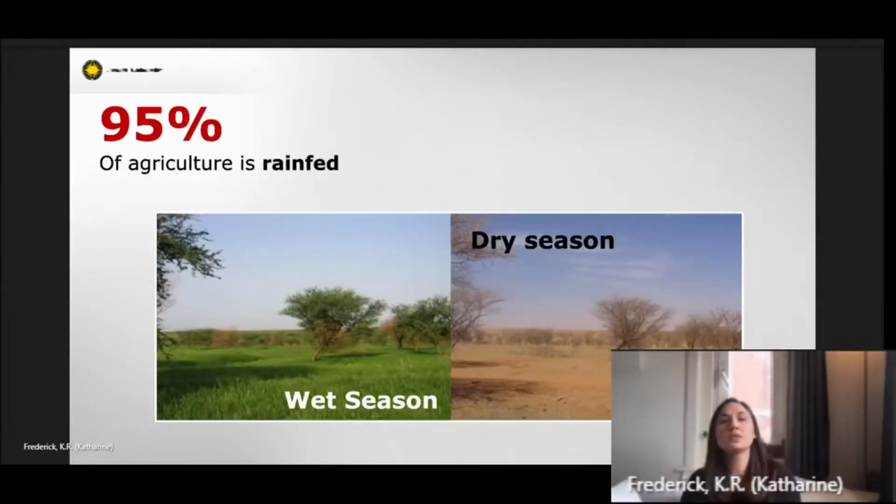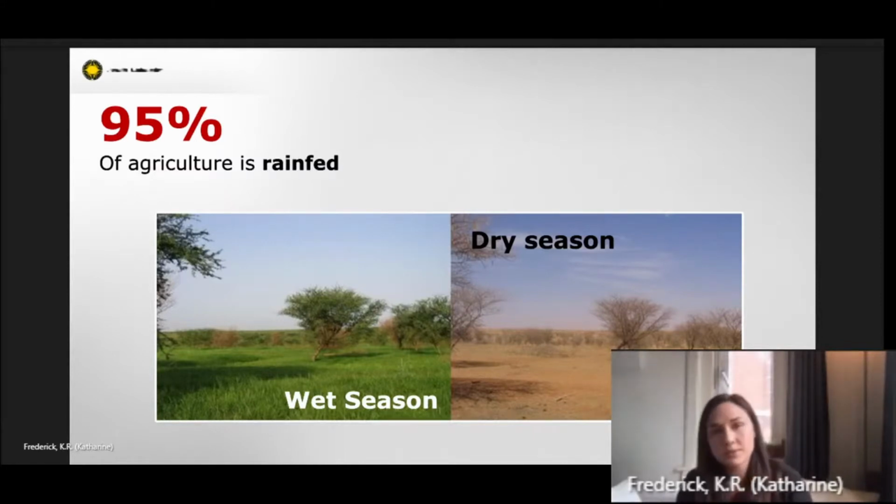And this is even more so given that in sub-Saharan Africa, 95% of agriculture is still rain-fed. So this means that there is, for the most part, no irrigational infrastructure.